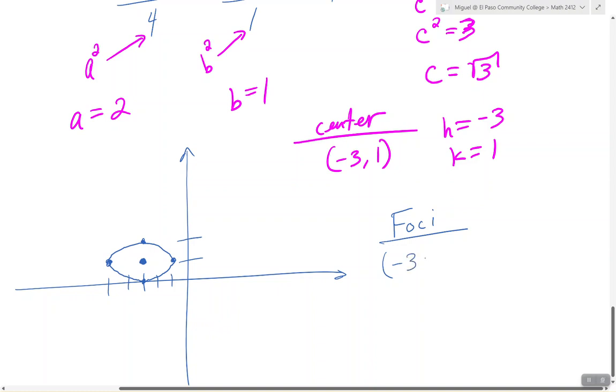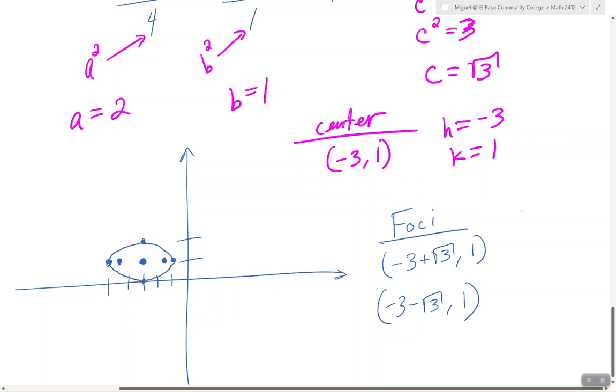So it's going to be negative 3 plus square root of 3 and 1, and negative 3 minus square root of 3 and 1. Square root of 3 is roughly 1.7, so we're talking about negative 4.7-ish. So somewhere over here, and the other one's going to be somewhere over here.